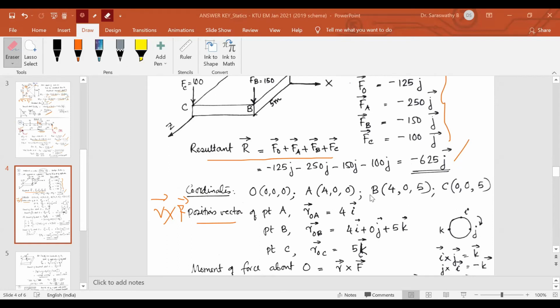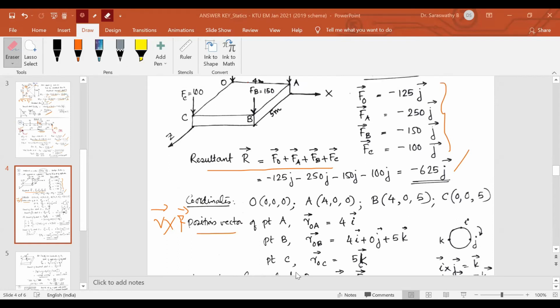Now we have to find the position of the resultant. For finding the position of the resultant, we have seen in 2D analysis, if the distance of the resultant is x, R into x is equal to sigma M, the moment about any point.